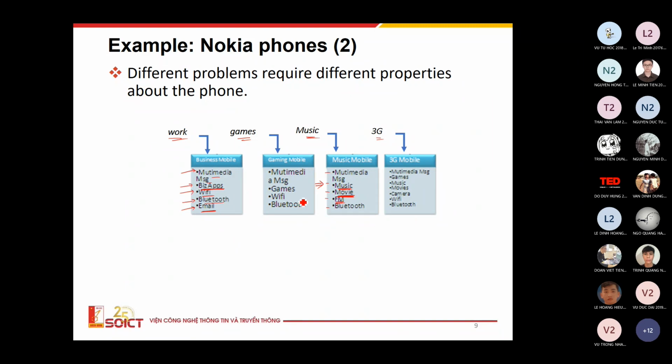So this is just a quick example to remind you that when you describe the same thing in a different problem, you can use a different property. You use the most appropriate property.